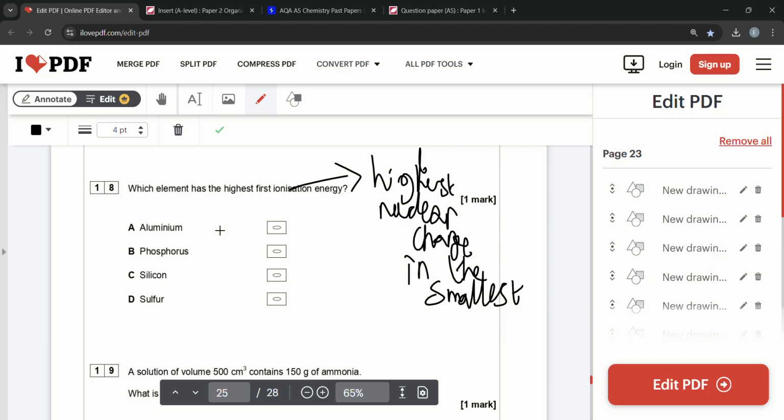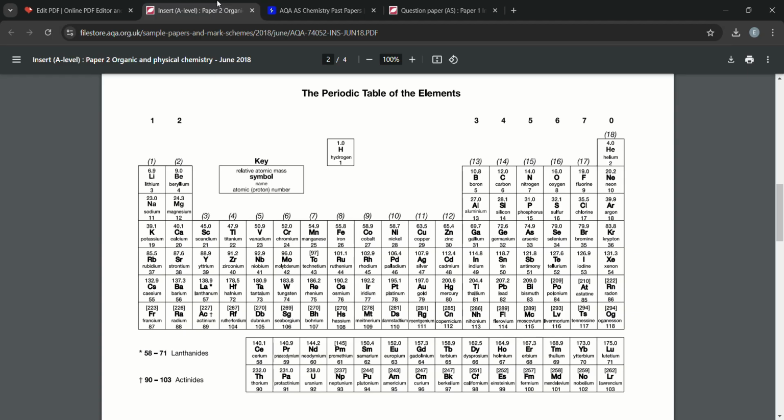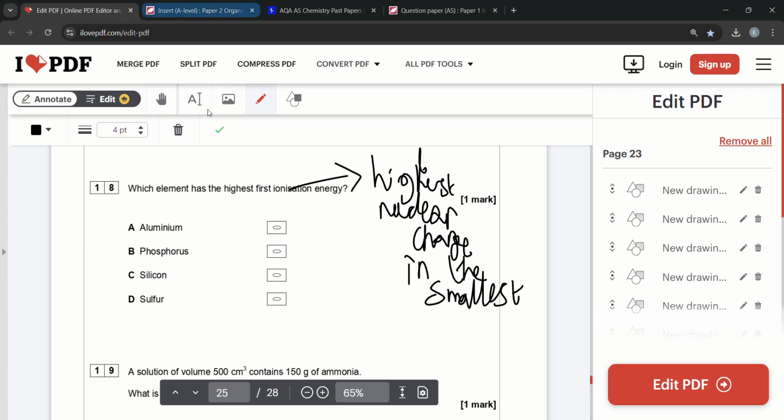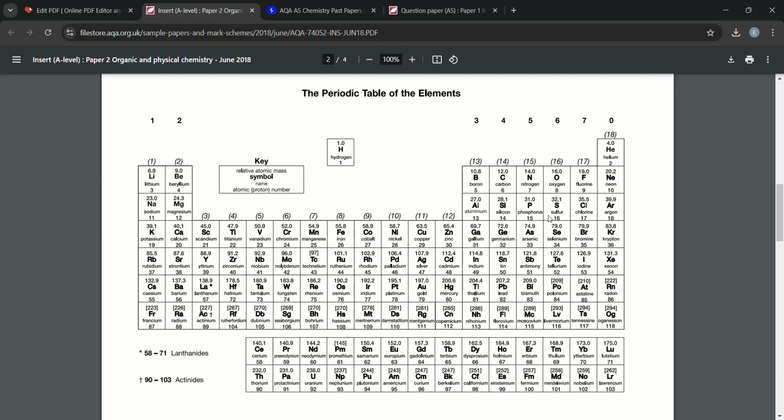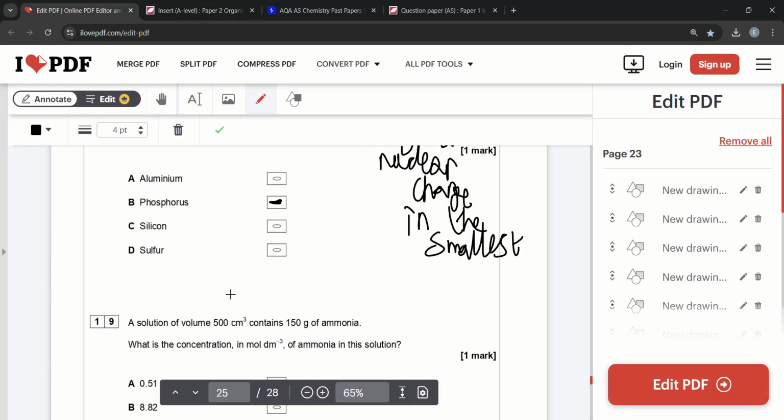It's going to be sulfur. It has got electron pair repulsion. So it's going to be phosphorus, because phosphorus has the highest nuclear charge out of, no, it doesn't, but sulfur does, but it's got that electron repulsion. So it's got the highest nuclear charge out of aluminium and silicon, and all in the same period. So it's got to be sulfur, phosphorus.